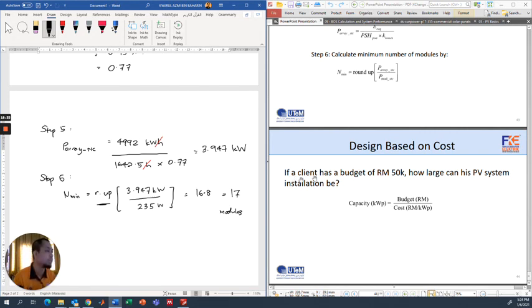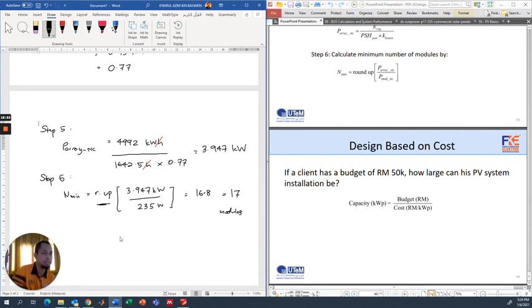So for example, if a client has a budget of 50,000 ringgit, how large can his PV system installation be? We need to know the cost per kilowatt peak, and the cost changes year to year. Let's just put a simple example.